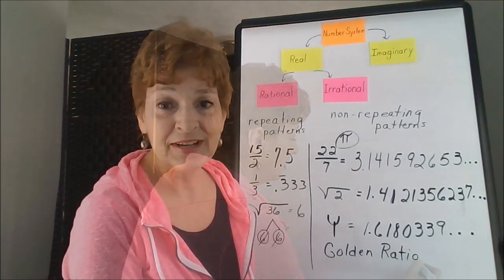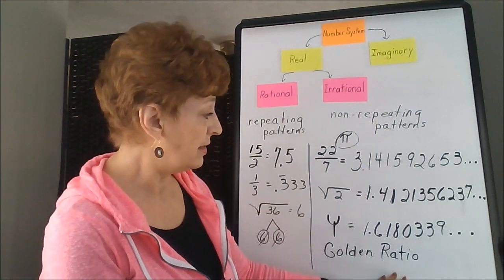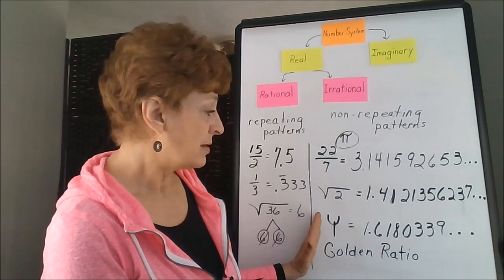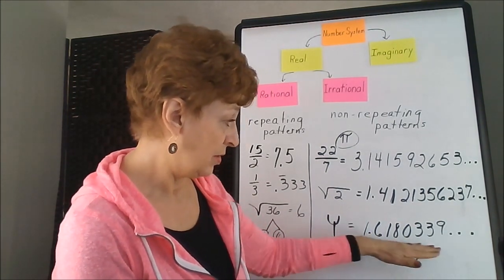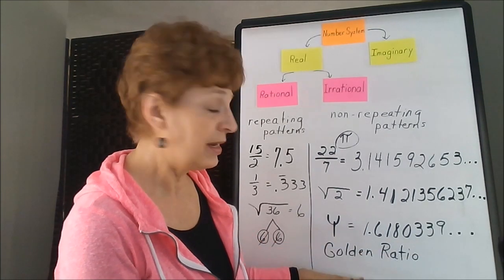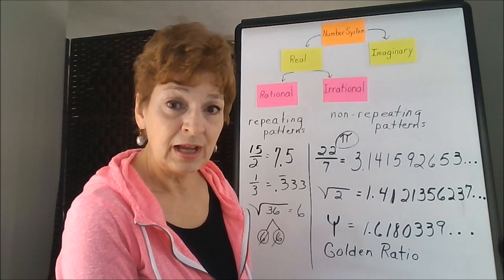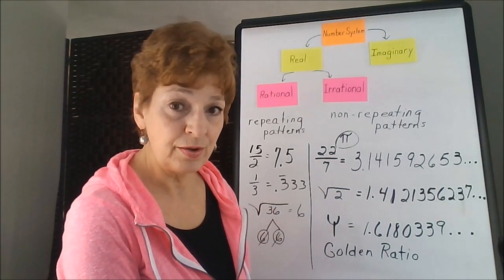You have to understand that I'm trying to give you an overview of what is included in these categories. But even something like this golden ratio, it's hard to think that you could understand something like this, but it is a fascinating topic. And hopefully I will perk your interest to look into these further.